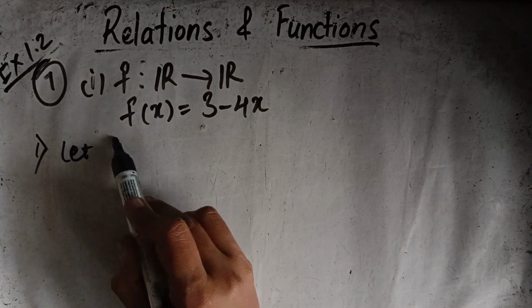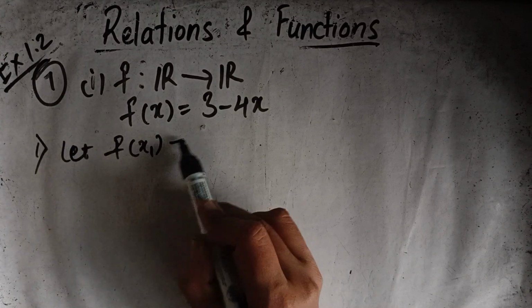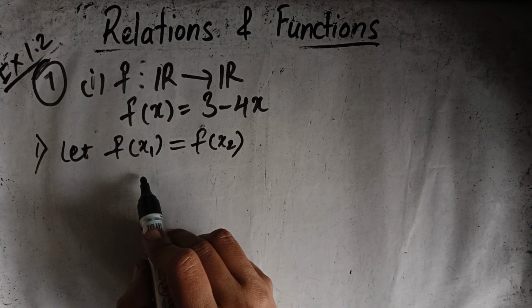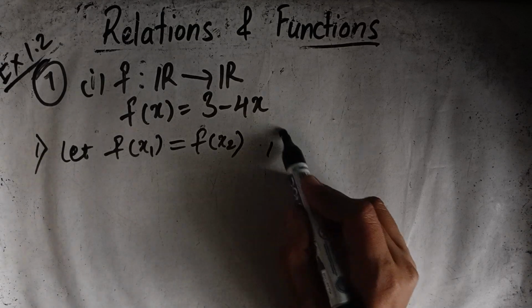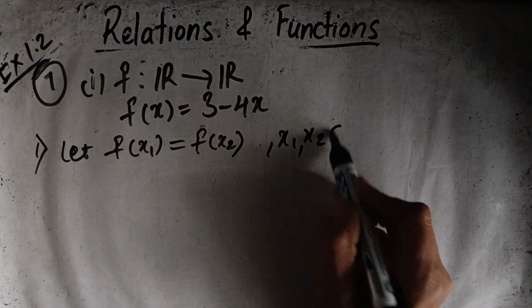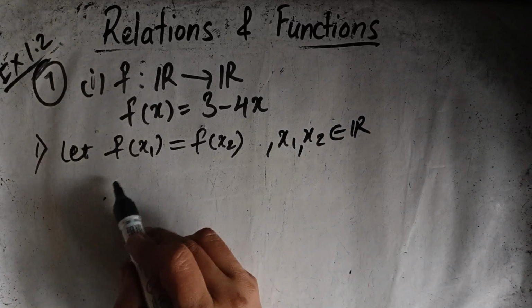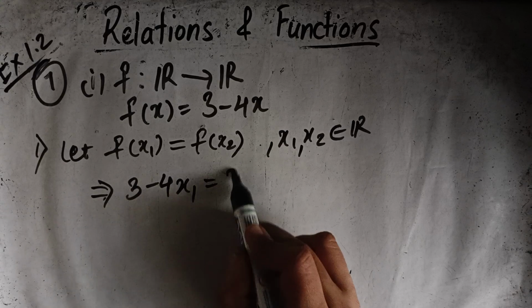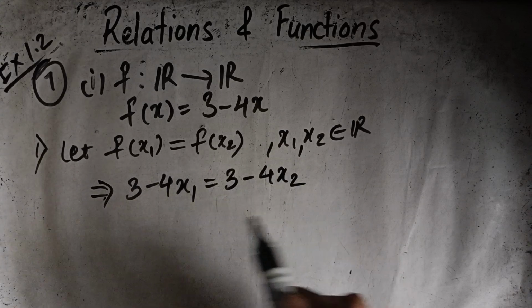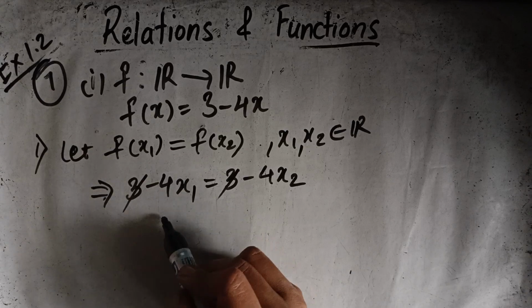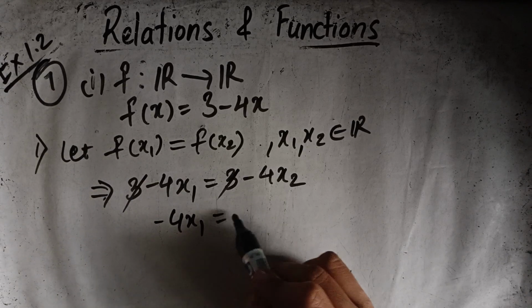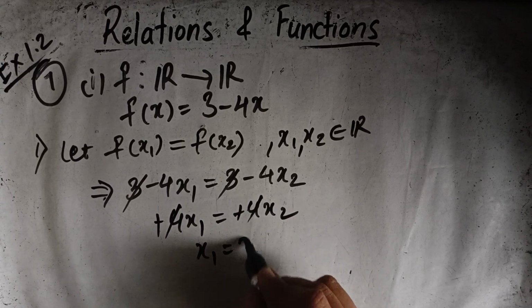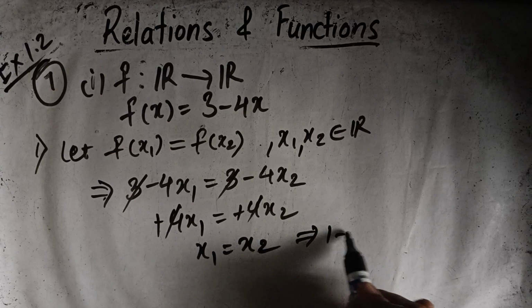So let f of x1 is equal to f of x2 for x1, x2 belonging to R. So we have 3 minus 4x1 is equal to 3 minus 4x2. So 3 cancels, 4x1 equals 4x2, minus 4 cancels. So x1 is equal to x2. So this is 1-1.